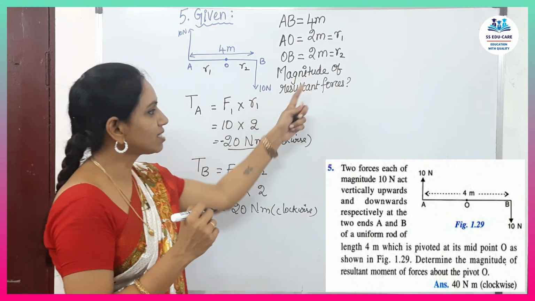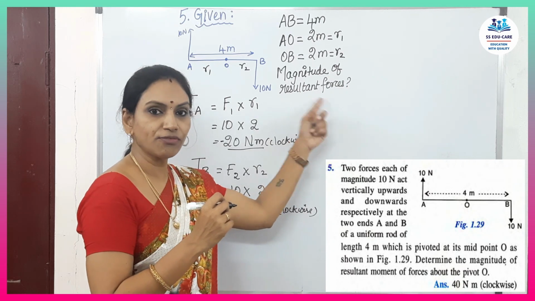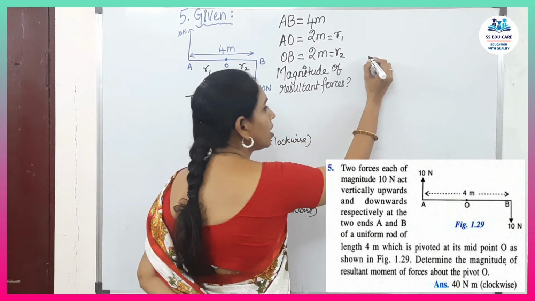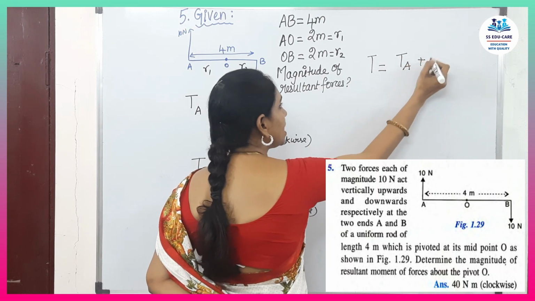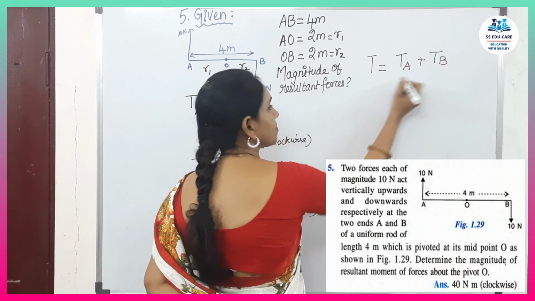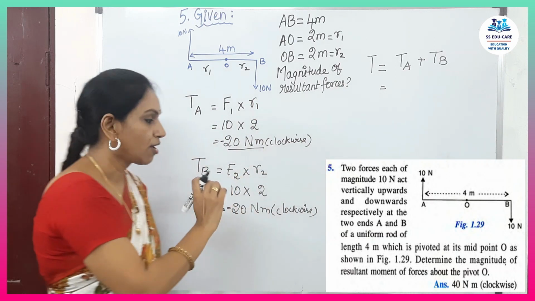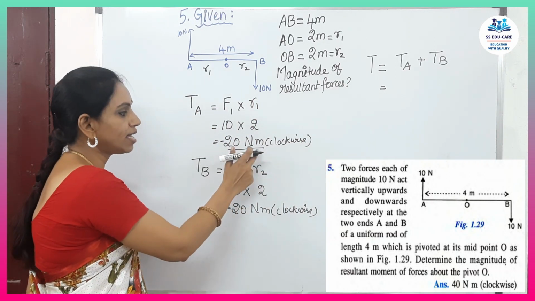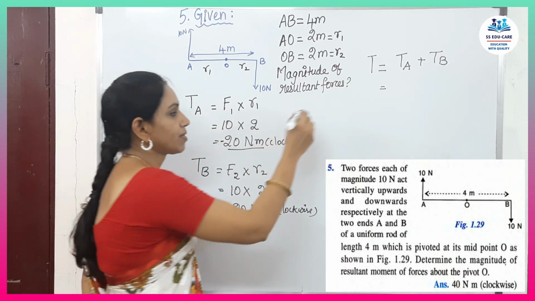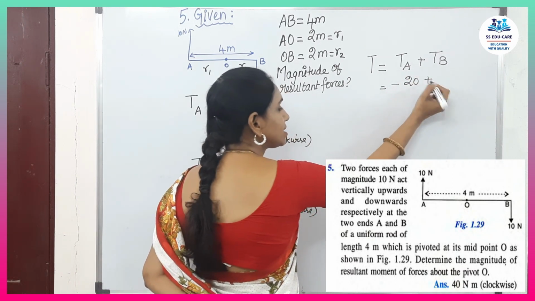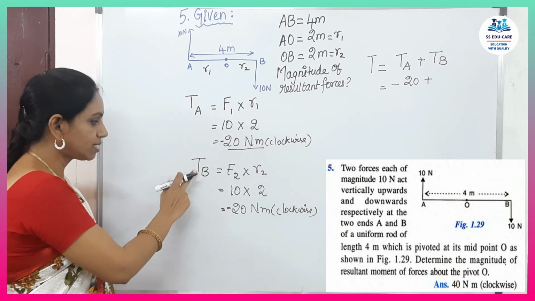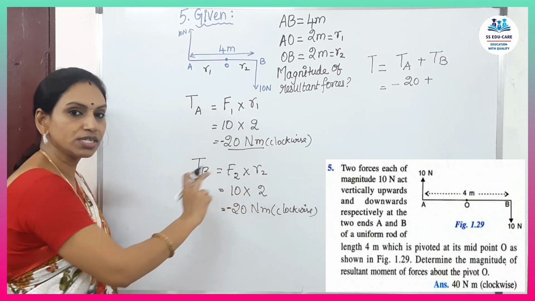Now they have asked us the magnitude of the resultant moment. That is, τ is equal to τA plus τB. What is τA? We have got minus 20 Newton meter. So it is minus 20, plus, and then τB is minus 20 Newton meter.